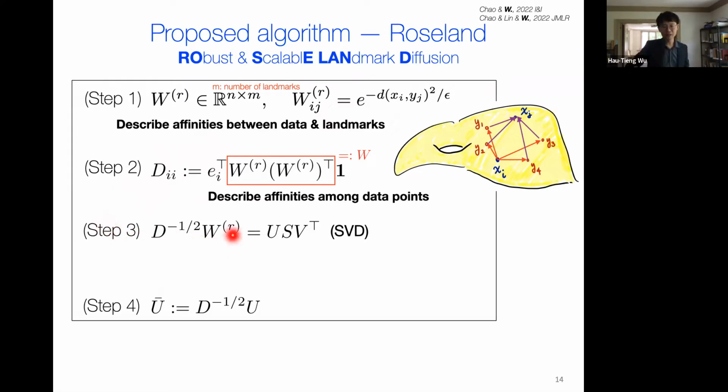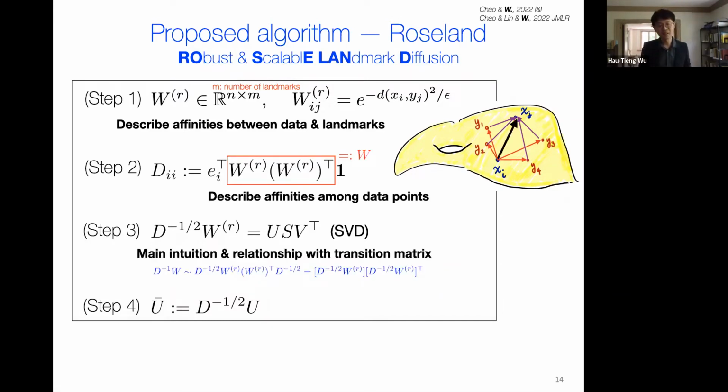You run SVD of D minus half WR. And why do we want to run SVD? The reason is very simple. If you view W here as our affinity matrix on the data points, and D is the degree matrix, then D inverse W, the random walk matrix on the data points xi, is similar to this guy, and this guy can be written as the outer product of D minus half WR.